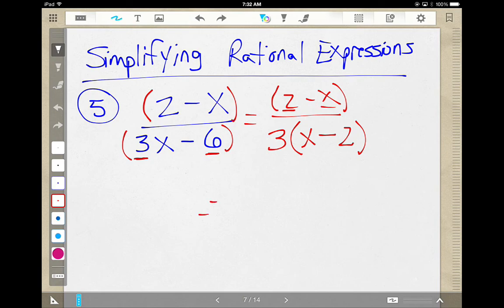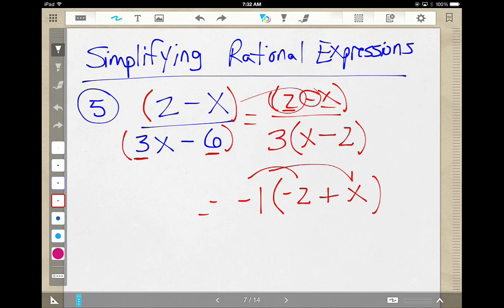So if I pull out that common factor of negative 1, it actually turns that into negative 2 plus x, because a negative 1 times a negative 2 would have gotten me the positive 2, and a negative 1 times positive x would have gotten me a negative x.